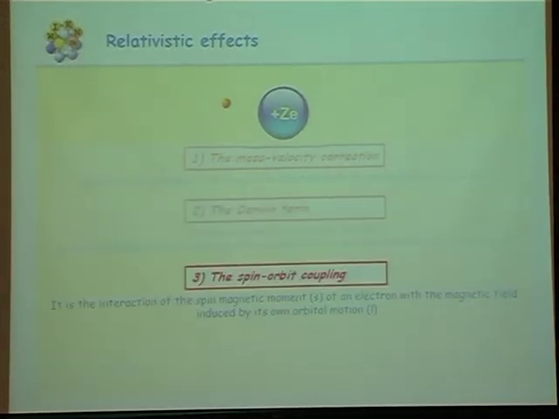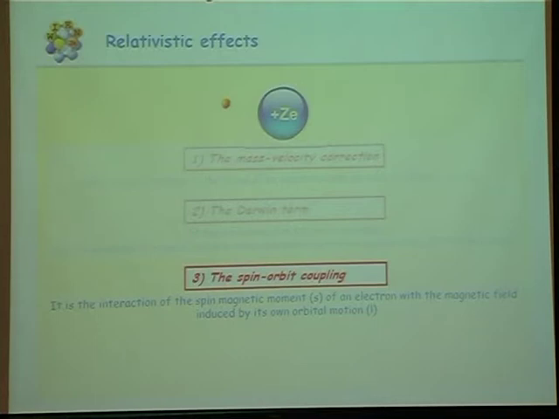The third term, which is often called the relativistic effect, but I would say often in many cases these effects are even more important than this one, is what we call the spin-orbit coupling. That simply is the interaction of the spin magnetic moment, denoted by S, of these electrons, with the magnetic field, which is produced by its orbital motion.